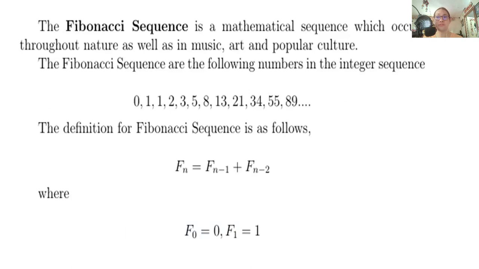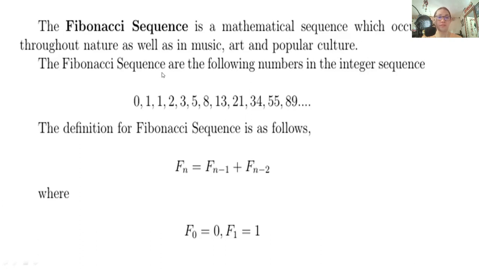So let's try to define what the Fibonacci sequence is. The Fibonacci sequence is a mathematical sequence which occurs throughout nature as well as in music, art, and popular culture. The Fibonacci sequence are the following numbers in the integer sequence.